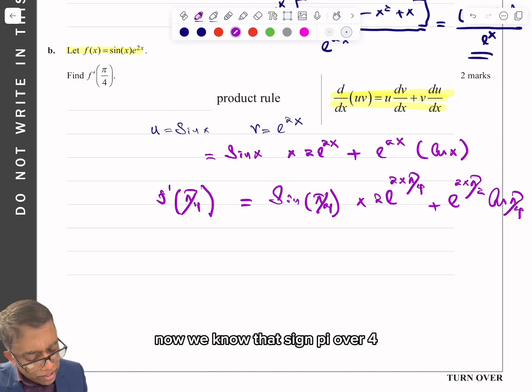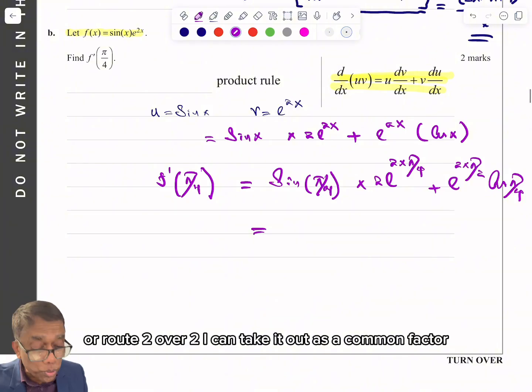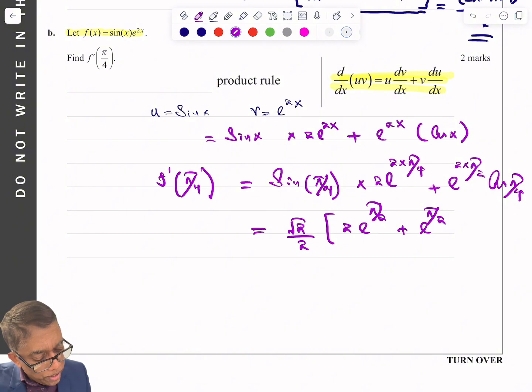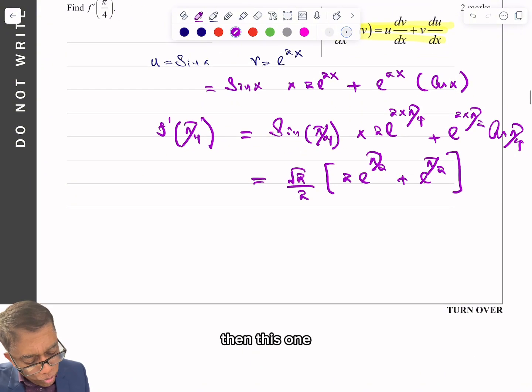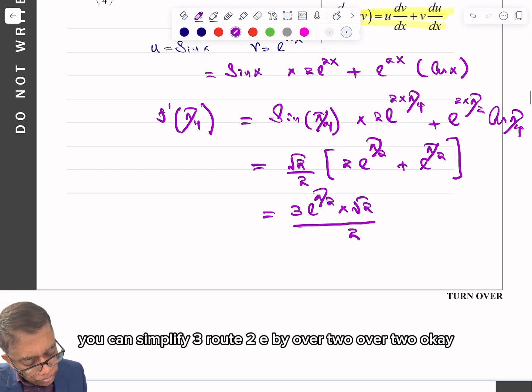Now we know that sin(pi/4) and cos(pi/4) are 1 over root 2, or root 2 over 2. I can take it out as a common factor: 2e^(pi/2) plus e^(pi/2). Then this one you can simplify: 3 root 2 e^(pi/2) over 2.